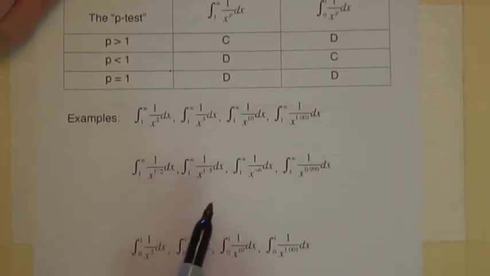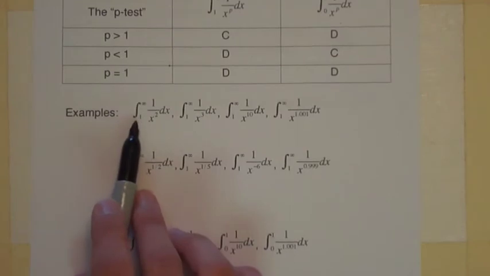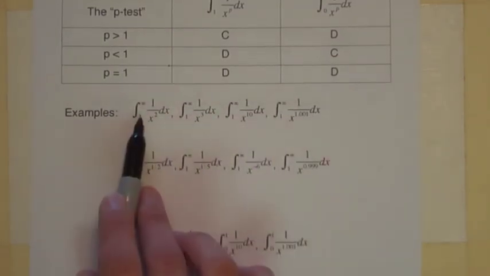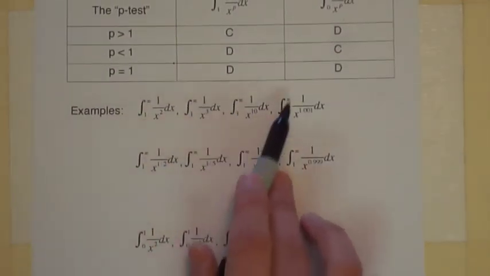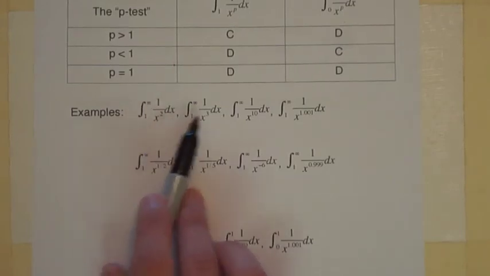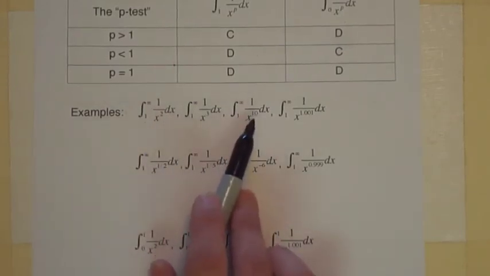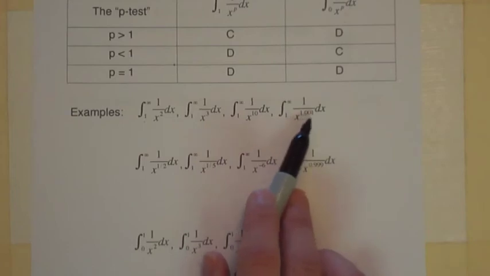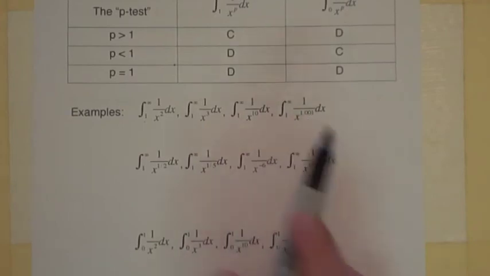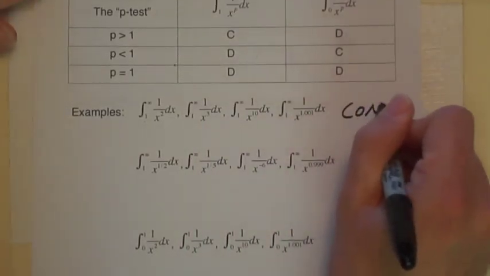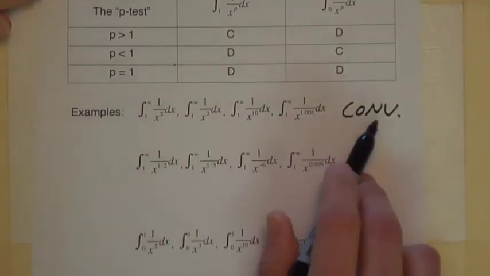Just to help you interpret it, here's what it means. Look at this first row. The area from 1 to infinity of things like 1 over x squared, 1 over x cubed, 1 over x to the 10th, 1 over x to any power that's bigger than 1, all of these converge, all of them.